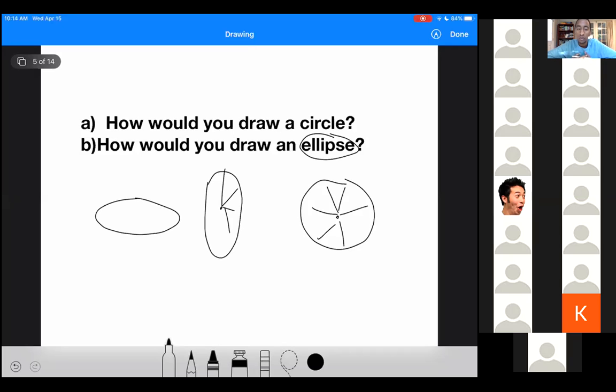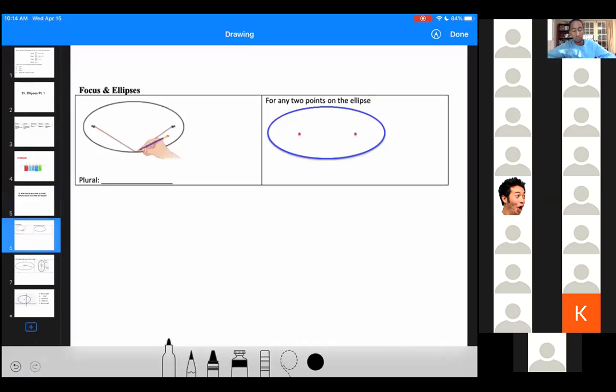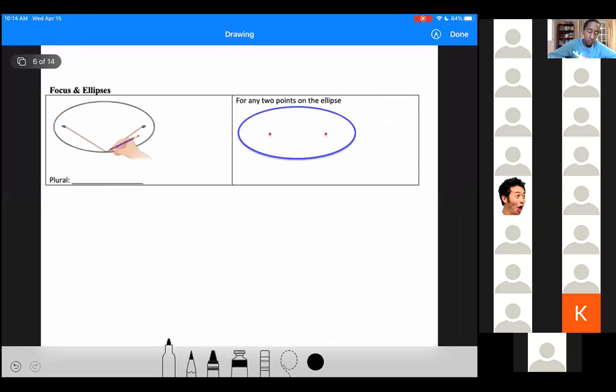In order to draw an ellipse accurately, one of the ways you can do that is to use 2 points called foci. This is introducing our first vocabulary. This right here is called a focus, and this is called a focus. Together, in plural, they're called foci.